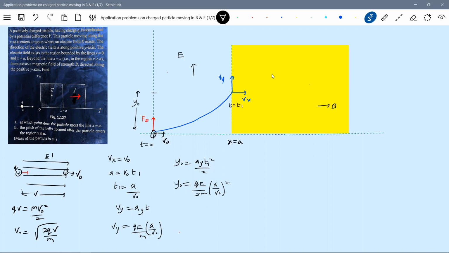Then after this, look at a component of field is there, a component of velocity is along the magnetic field. The other component is perpendicular to the magnetic field. So what can happen to the charge particle? It is going to move in a helical path.